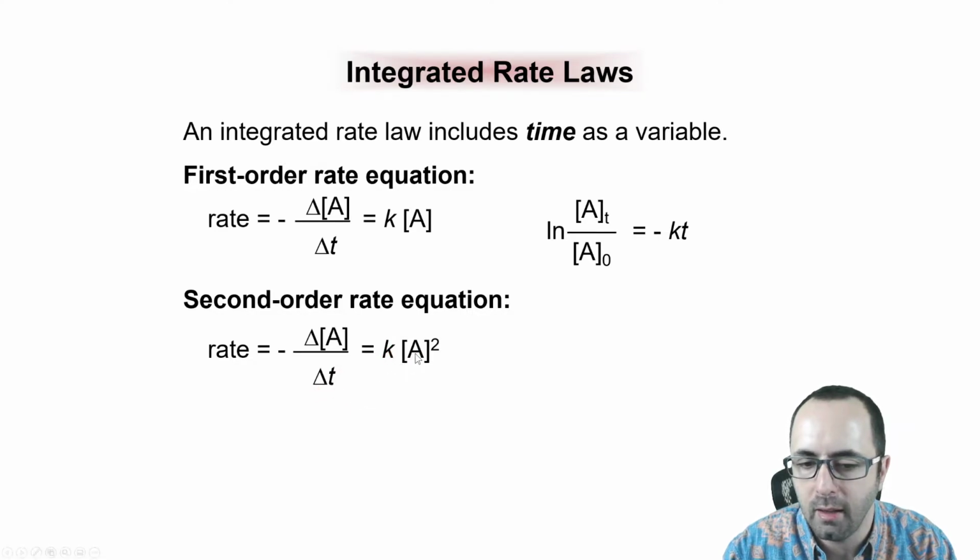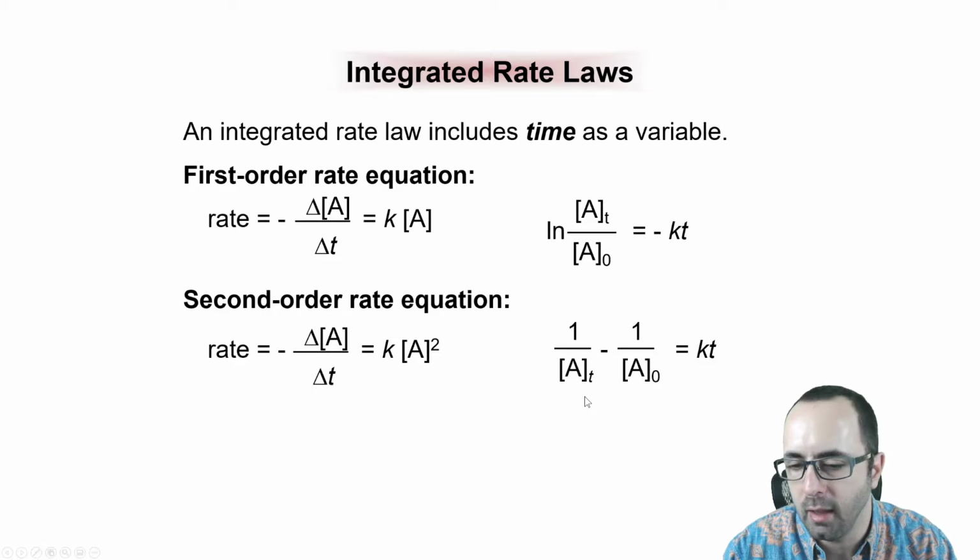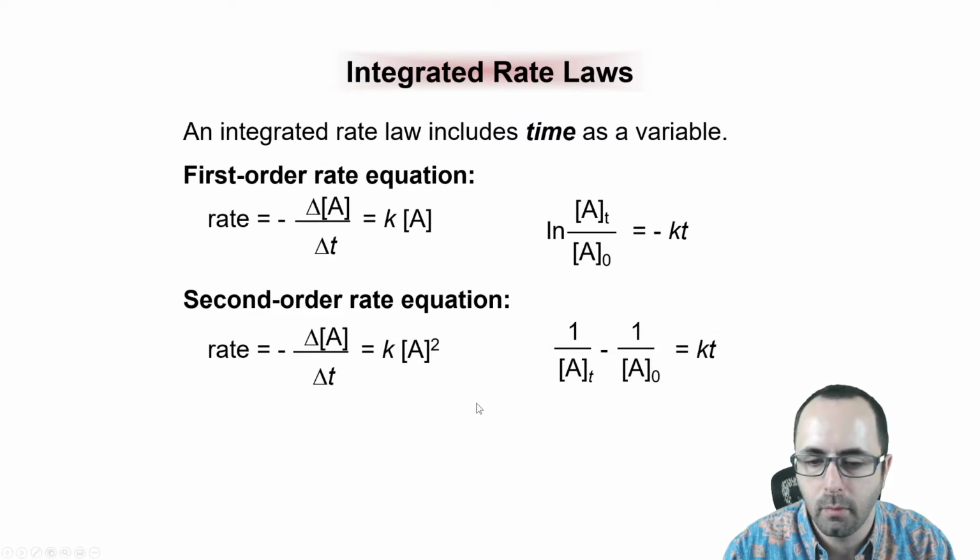That's going to be k times the concentration squared because it's second order. And here the integrated rate law is 1 over the concentration of A at time t minus 1 over the initial concentration at time 0, and that equals positive kt there. K again being the rate constant, t being the time.